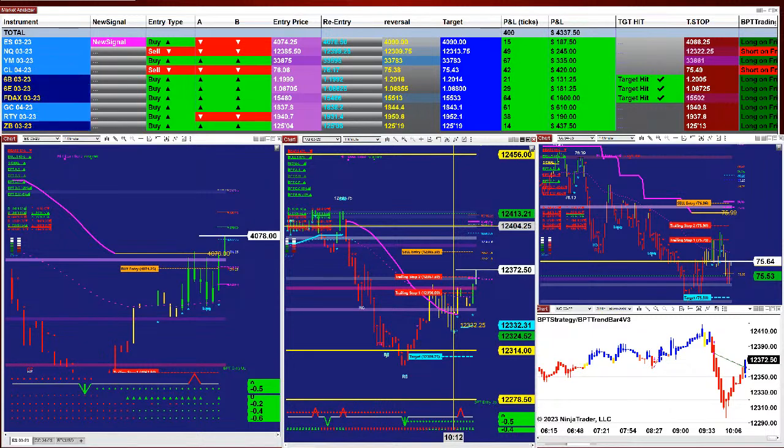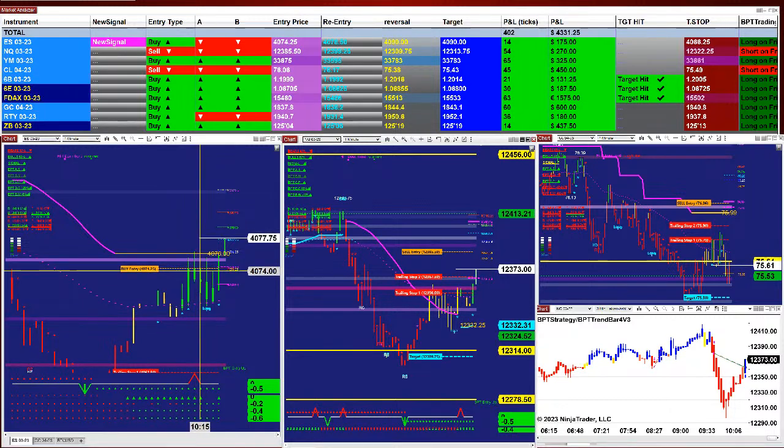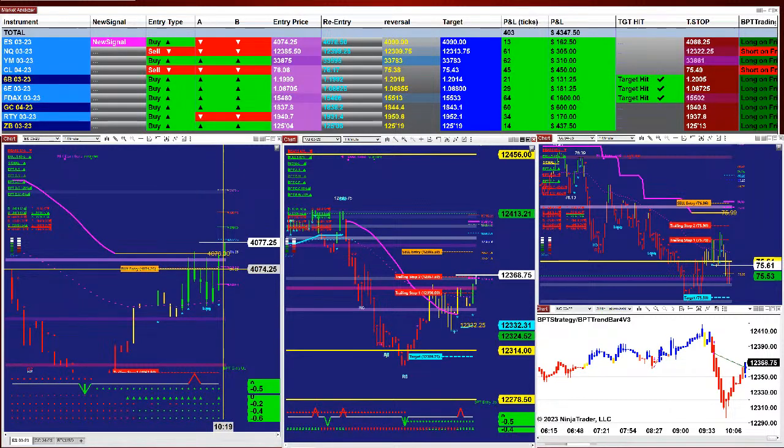So if we notice now, finally the ES broke that wall after 1, 2, 3, 4, 5, 6 attempts, and then it got weaker, and now all your short trades should be stopped, and now we are in a new phase. It is long.